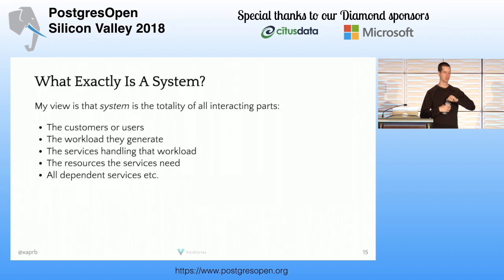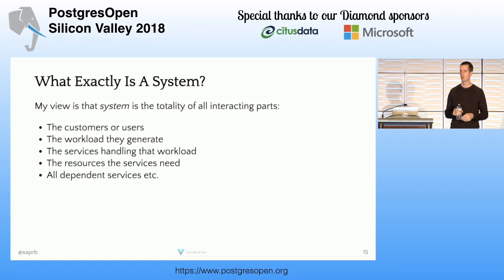So I keep saying system, and when I think of system, I actually think of something pretty specific. It's easy to say, the system is, for example, the server that runs my database. I think a system, to be really complete and useful, the notion of a system needs to extend out and include everything that's interacting with our server and our service, which is all of our users.